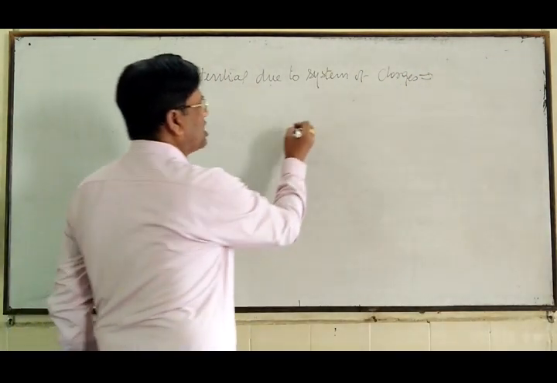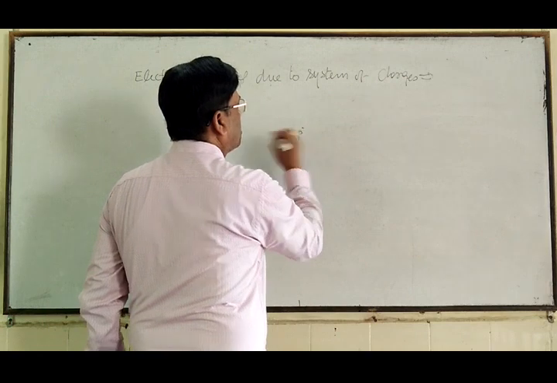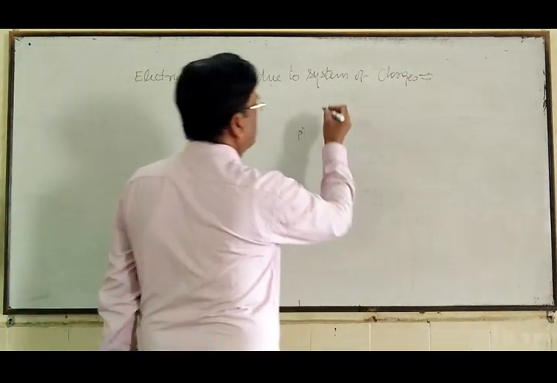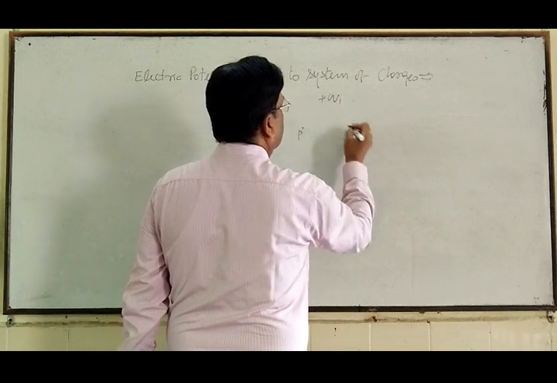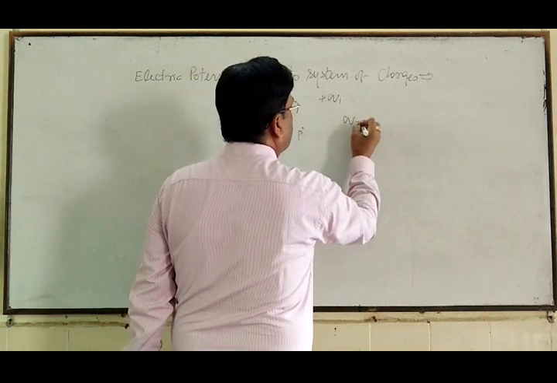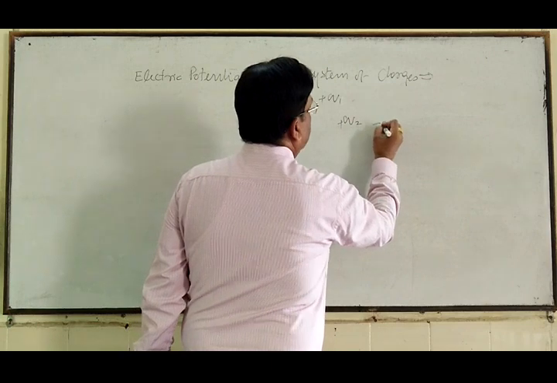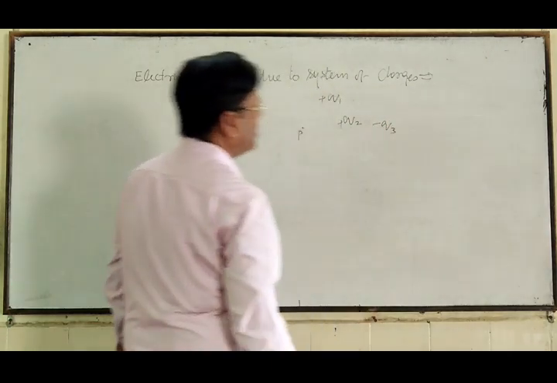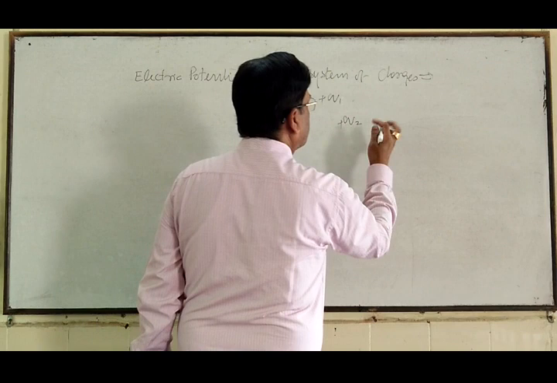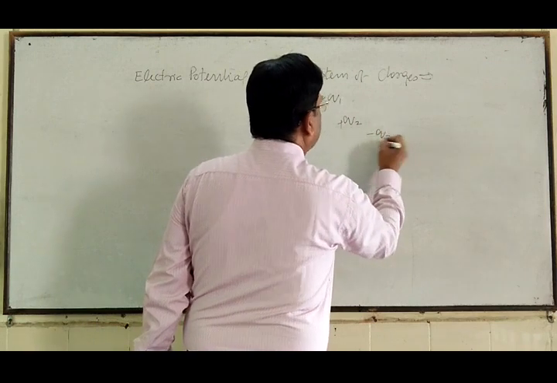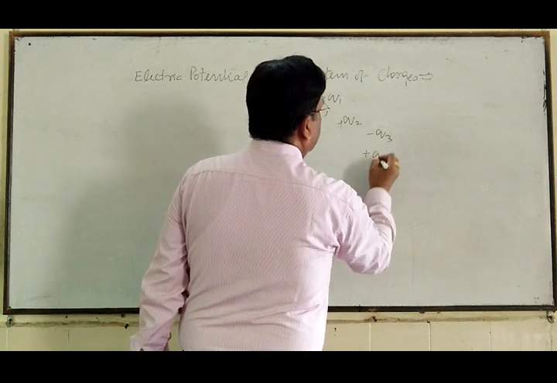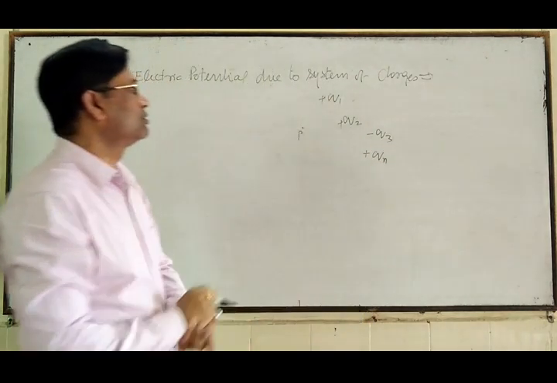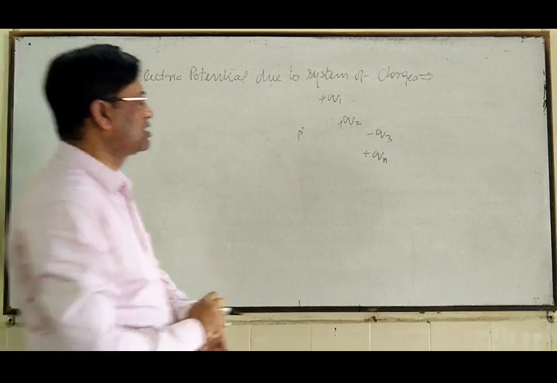Dear students, suppose this is a point P. There are charges plus Q1, Q2, minus Q3, plus Qn and so on at different locations.